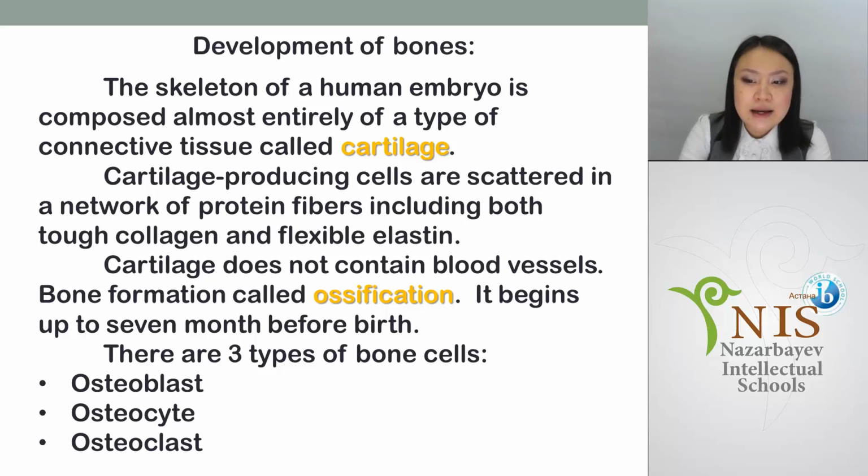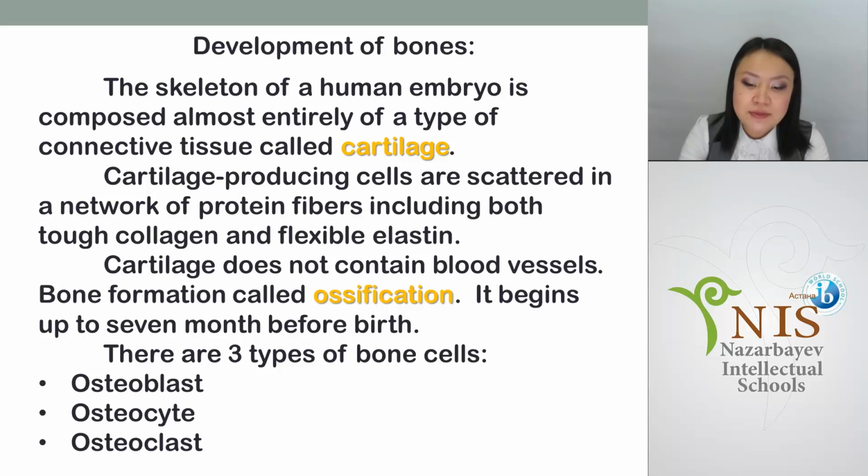Cartilage producing cells are scattered in a network of protein fibers, including both tough collagen and flexible elastin. Cartilage does not contain blood vessels. Okay, bone formation is called ossification, it begins up to 7 months before birth.